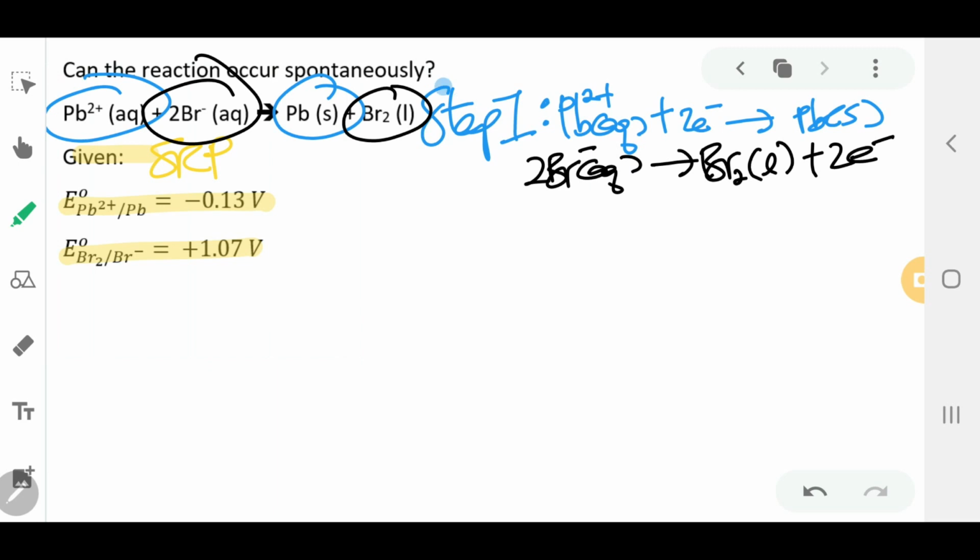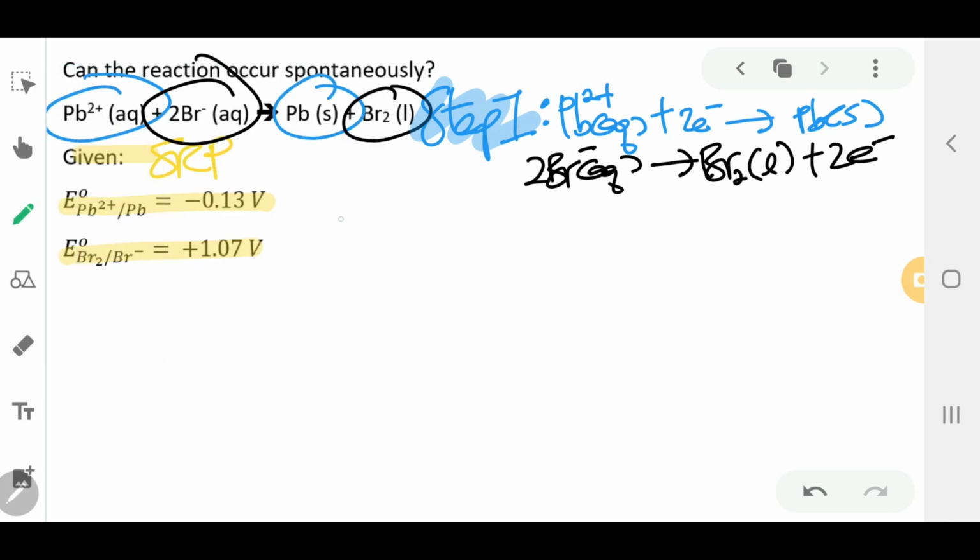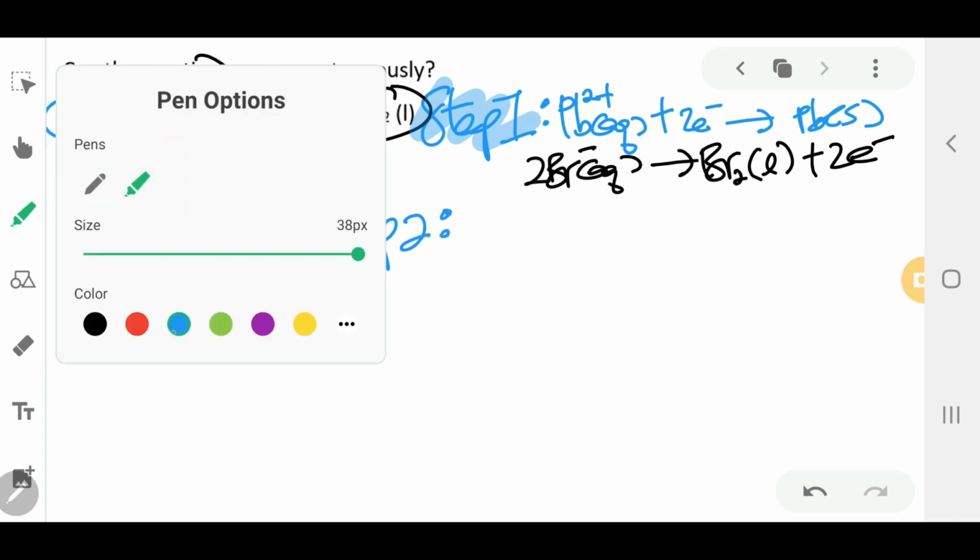So we're done with step number 1. We have split the reactions given over here into 2 based on what you have there. And then in step 2, we have to identify who is the anode and who is the cathode.